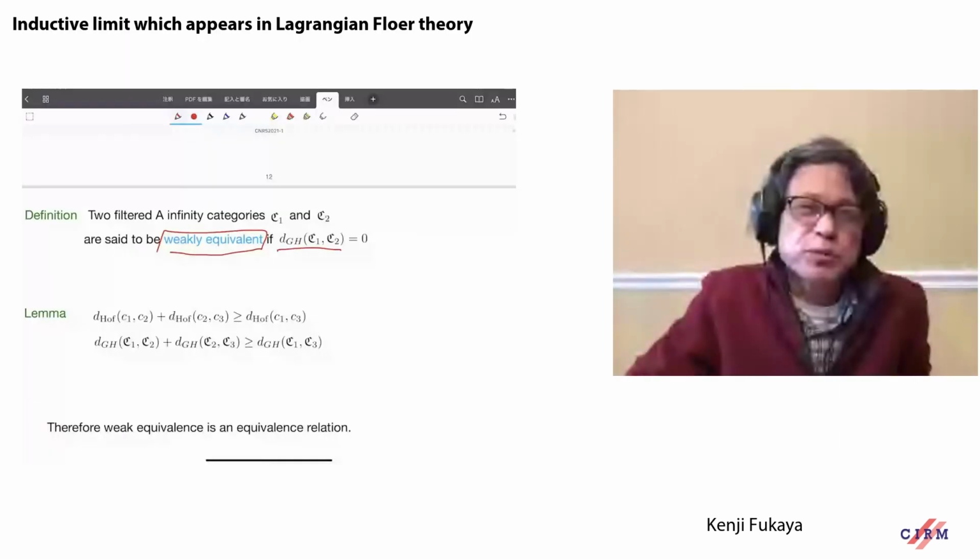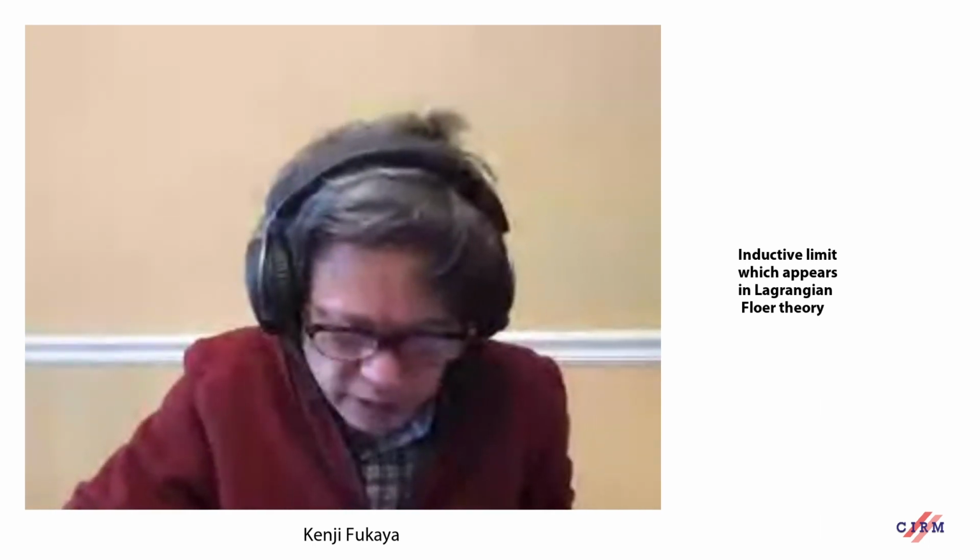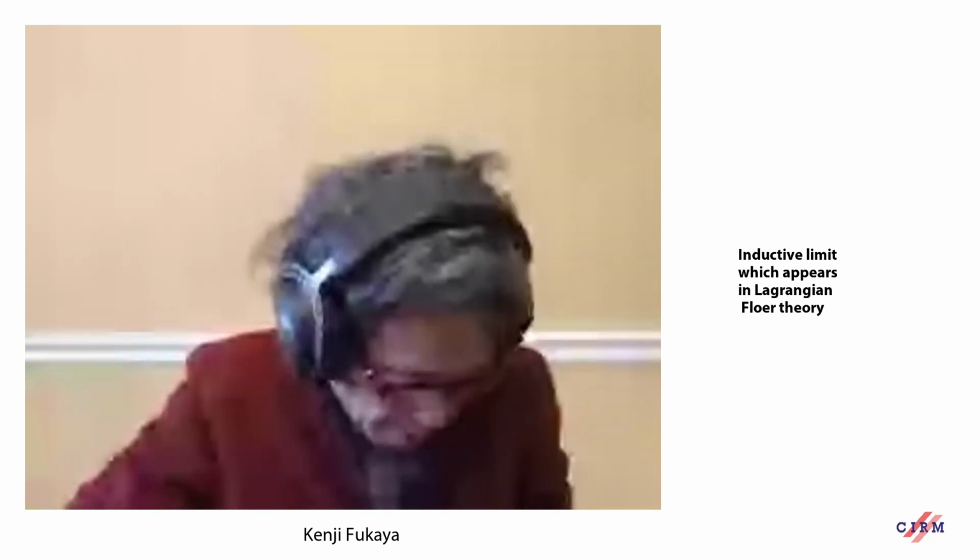I think Gromov proves that if the Gromov-Hausdorff distance between two metric spaces is 0, then with maybe something like completeness, these two metric spaces are isometric. But that is a bit nasty statement to prove in our situation. So we cannot prove that Gromov-Hausdorff distance 0 means that it is equivalent. So I introduced this weak equivalence.